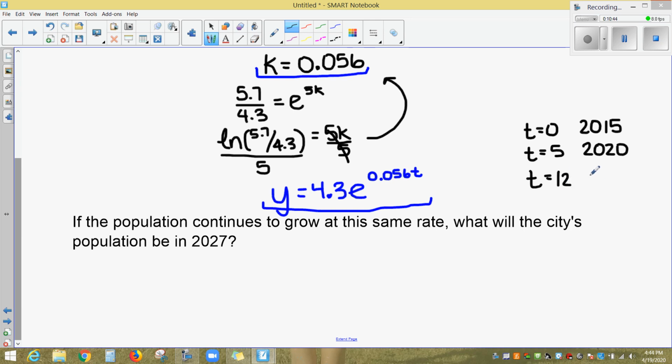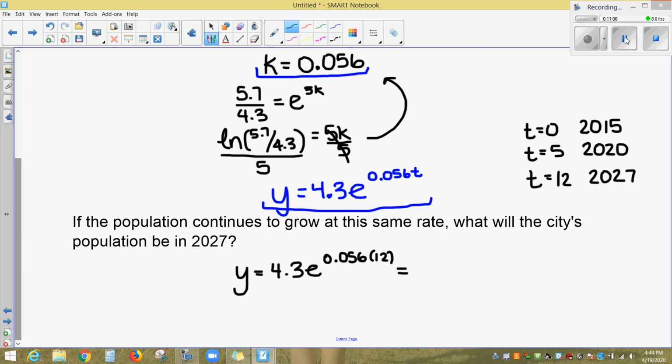Okay, it's going to be 12. So now I'm back to not needing my logarithms. I'm just computing with the help of my calculator. If I plug in 12 for t, type in the numbers, it should give me a number bigger than 4.3. It should be bigger than 5.7.